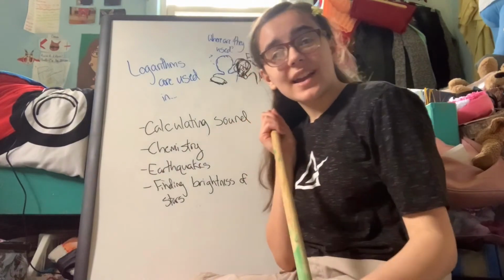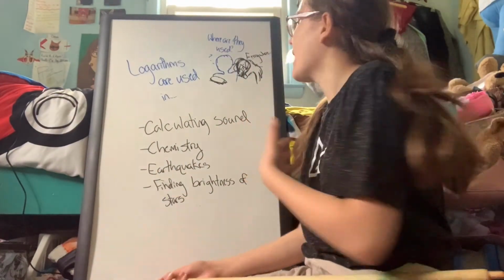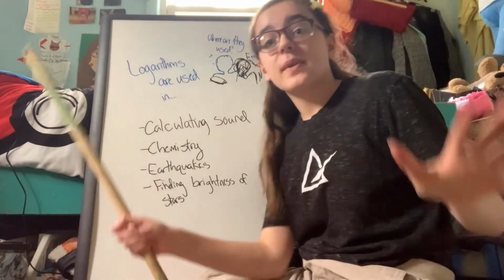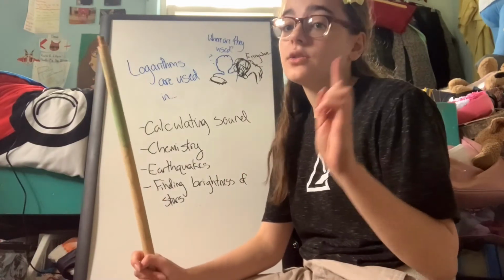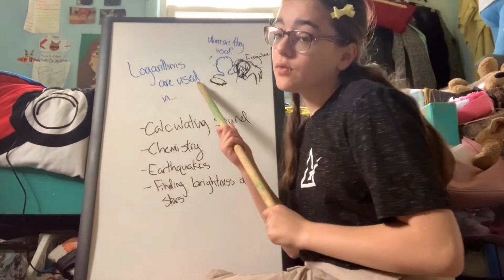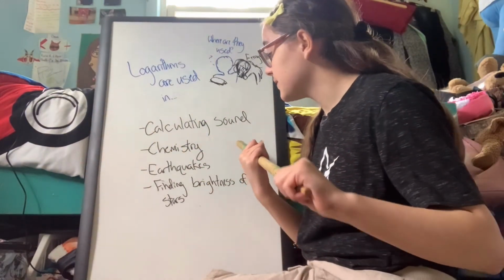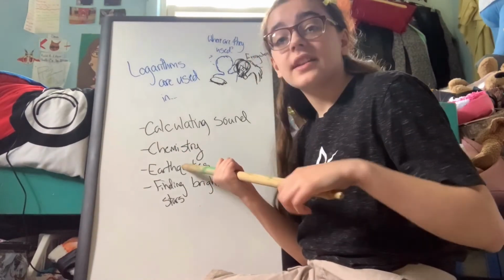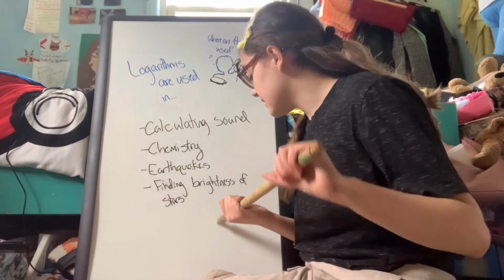Well, in case you were asking, where do logarithms occur? Where are they used? Well, they're used almost everywhere in the real world. That may be an exaggeration, but they are used for pretty important scientific matters. Logarithms in the real world are used in calculating sound, chemistry, earthquakes, calculating frequency in earthquakes, and finding the brightness of stars.